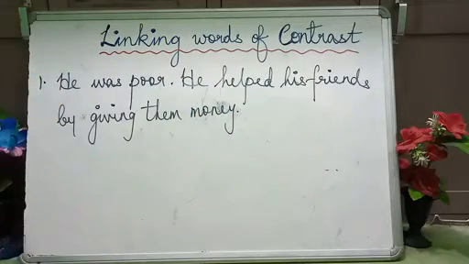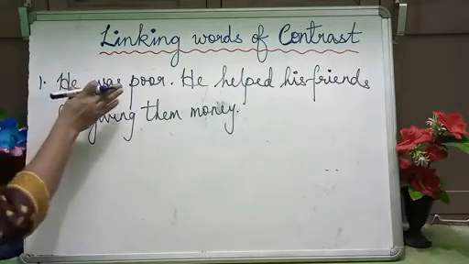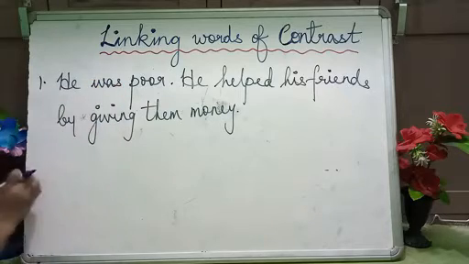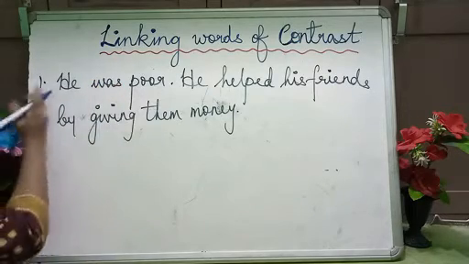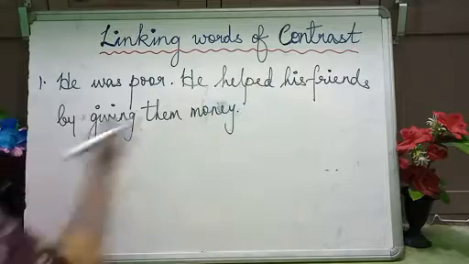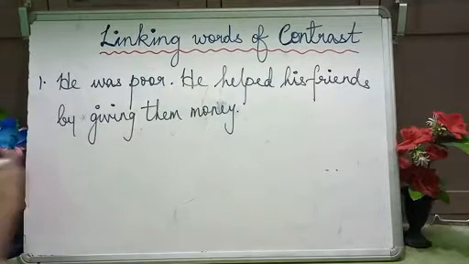Okay. So now you can see this sentence, you can start using although. You can easily write, although he was poor, comma, he helped his friends by giving them money. You can easily write it.